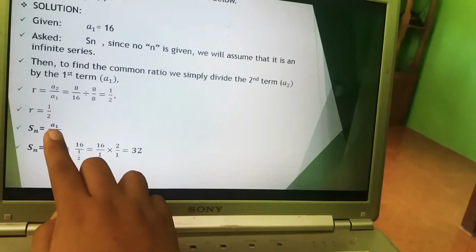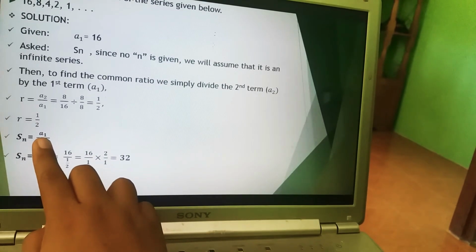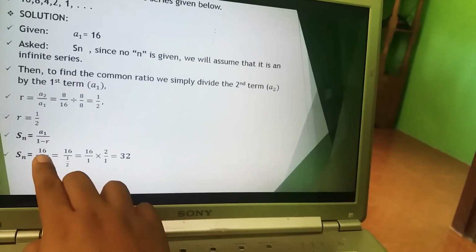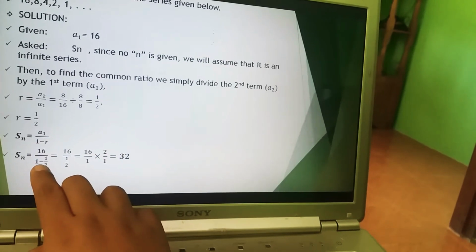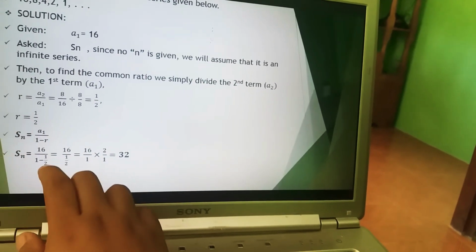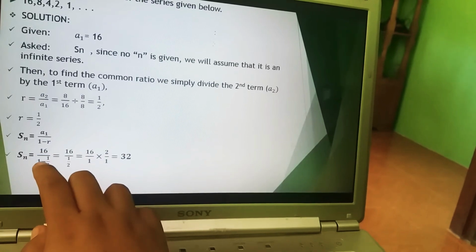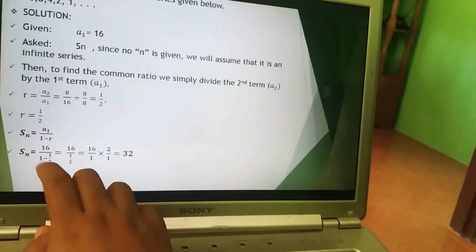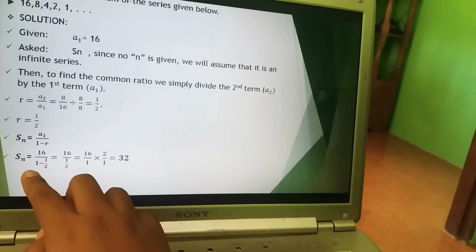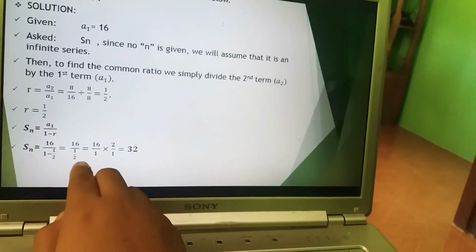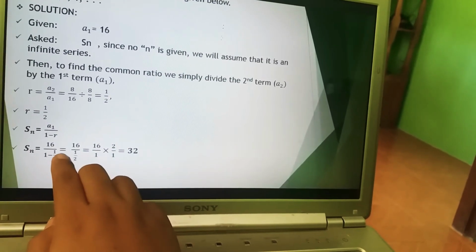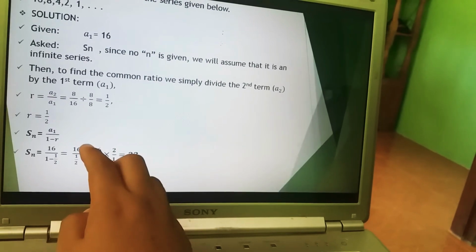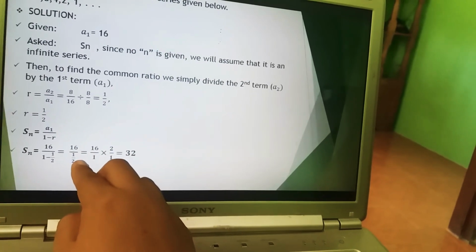We just need to substitute the value of a sub 1, which is 16, and 1 minus r, r is 1 half. So we have 16 divided by 1 minus 1 half. What is 1 minus 1 half? That is 1 half. So we just simply have 16 divided by 1 half.